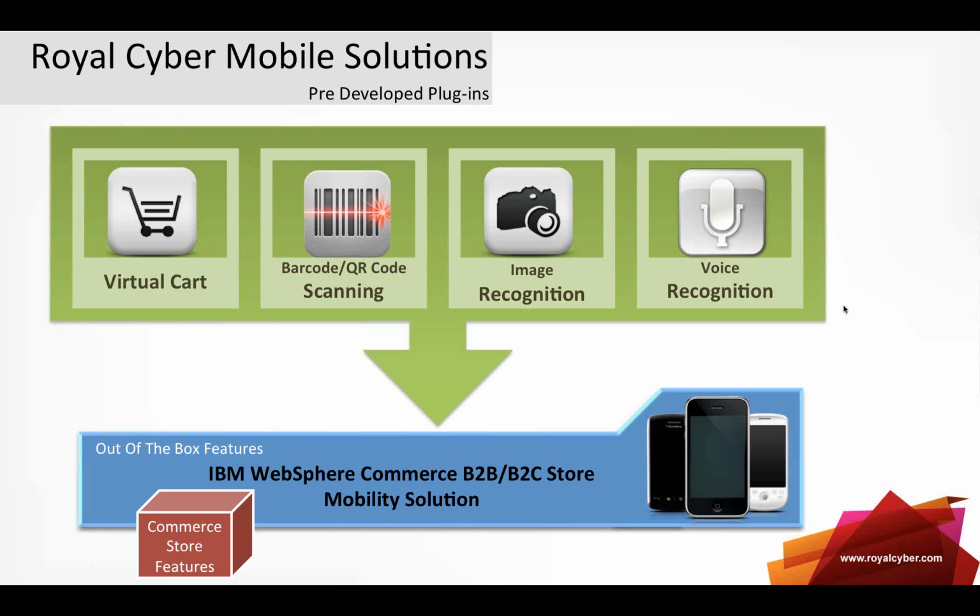And what we are doing is adding to what is out of the box from a mobile commerce perspective, adding some of our custom modules, things like virtual card, barcode or QR code scanning, image recognition, and voice recognition. These are some of the pre-developed plugins that we have as part of our Royal Cyber offering.